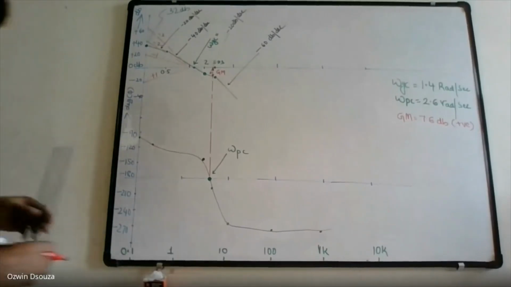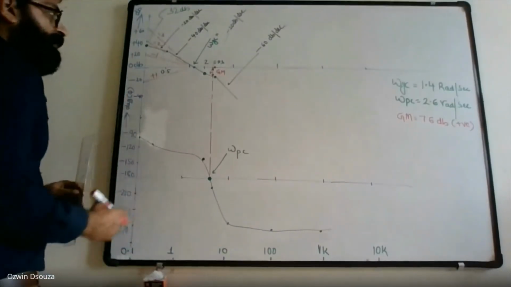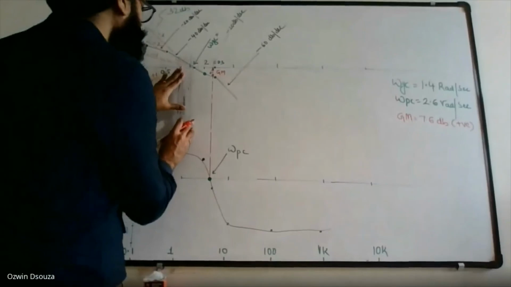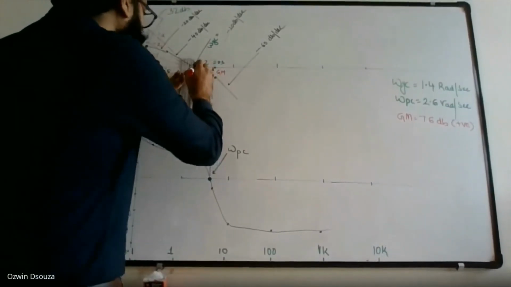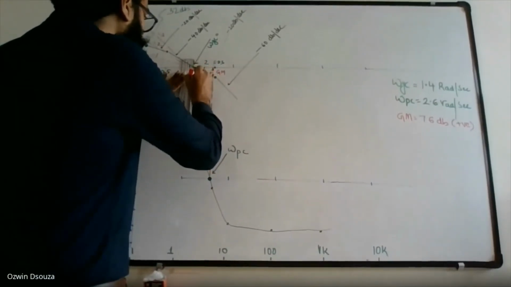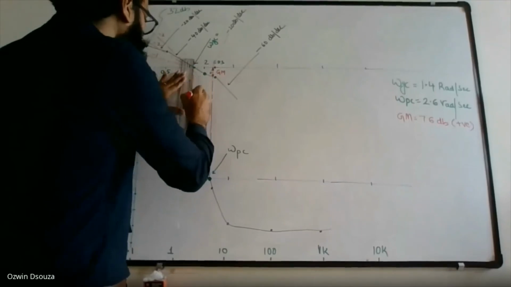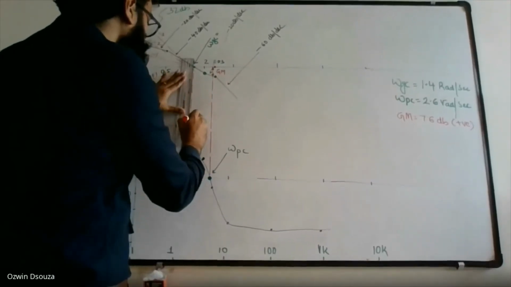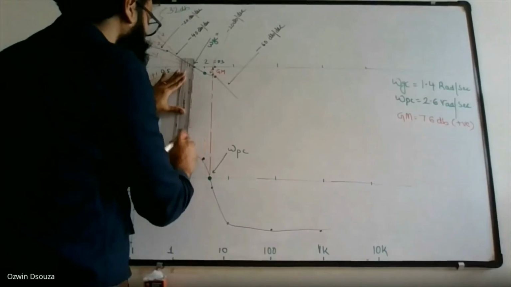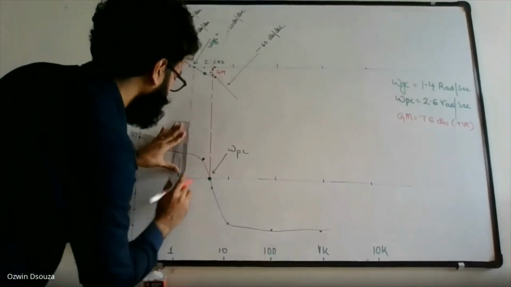Once you are done with gain margin, you can go ahead with phase margin. So phase margin, what you do? From gain crossover frequency, draw a line vertically downwards.